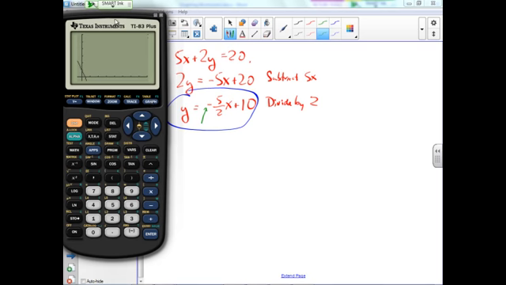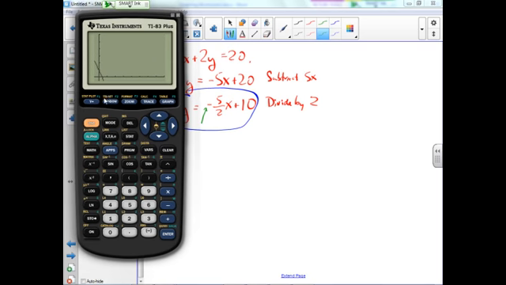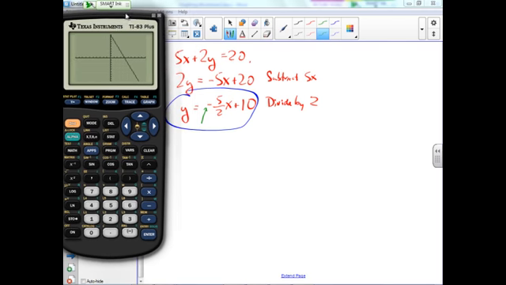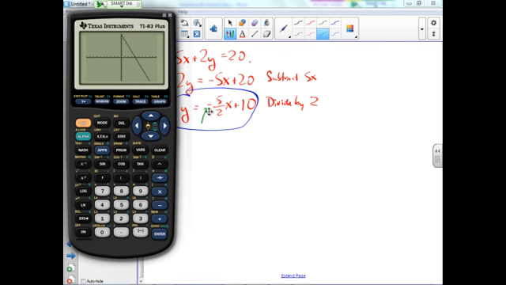And I'm going to have to fix my window, aren't I? Zoom standard gives you the 10 by 10. So how would we find some nice values here to make a graph if we want to do this by hand? Remember? Second table.